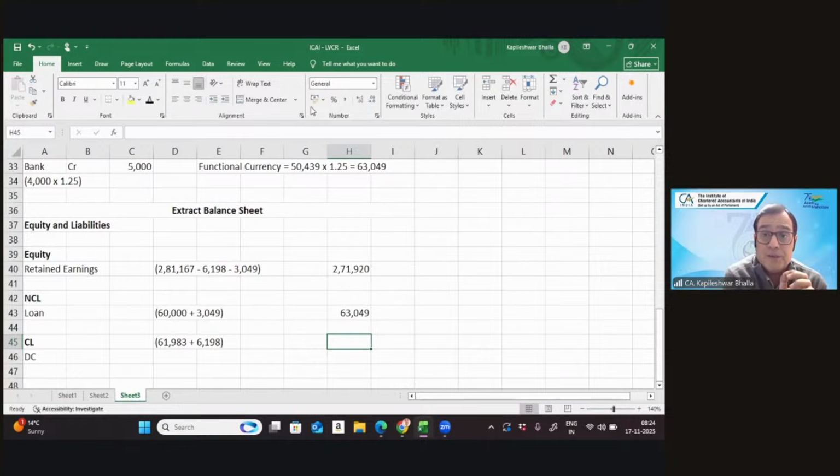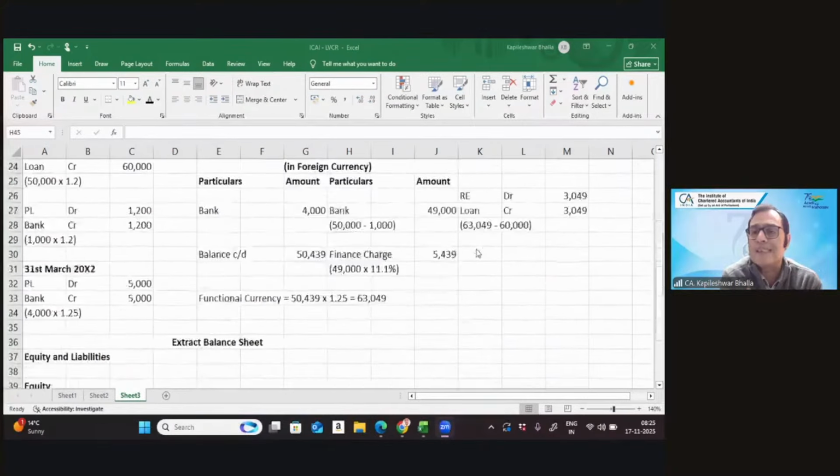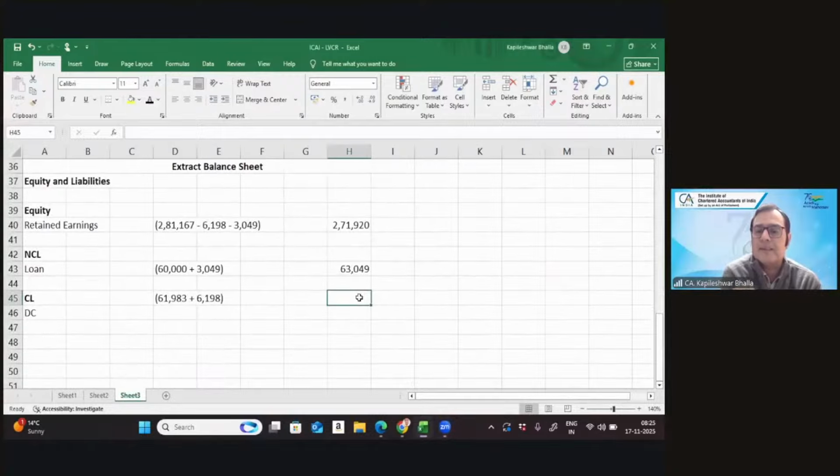So I think now we can see very clearly the rectification. Yes, it's exactly 12 months, but 12 months or less is both going to be current in nature. So DC comes to a total of 68181.